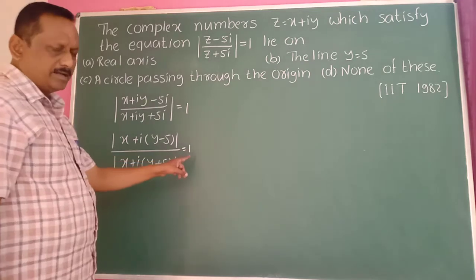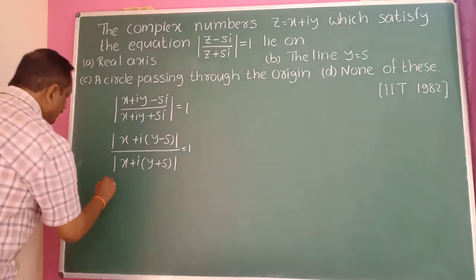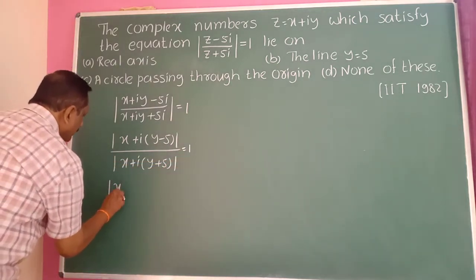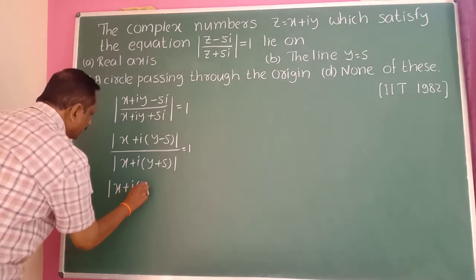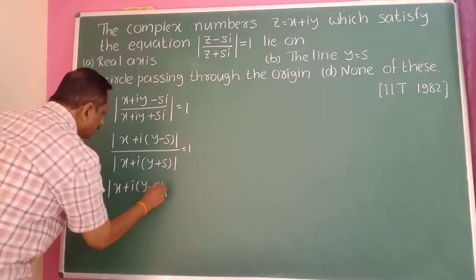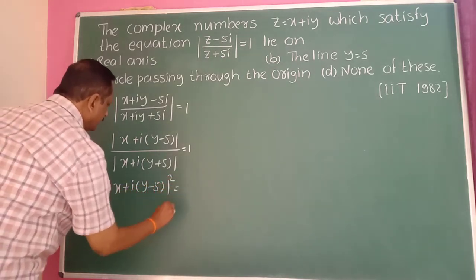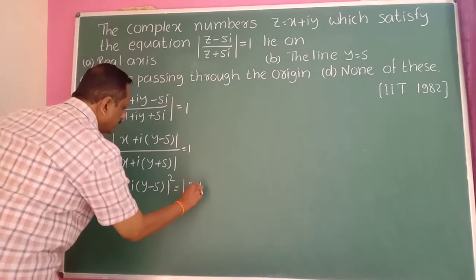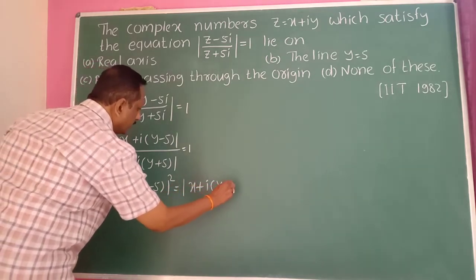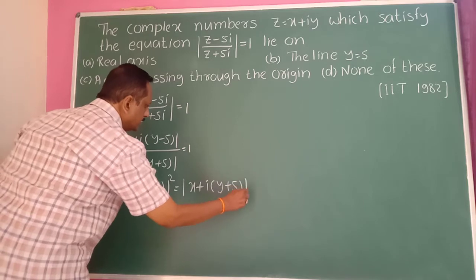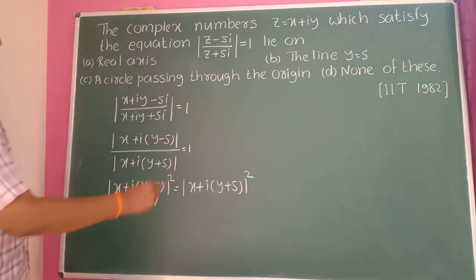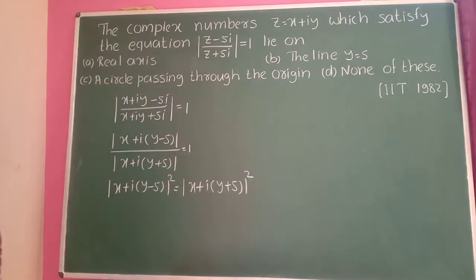Then cross multiply and square on both sides. Hence the modulus of x plus i(y minus 5), squared, is equal to the modulus of x plus i(y plus 5), squared.